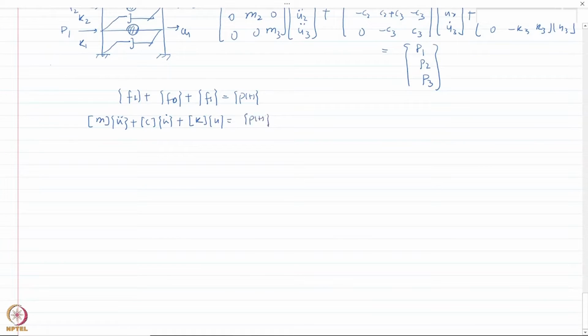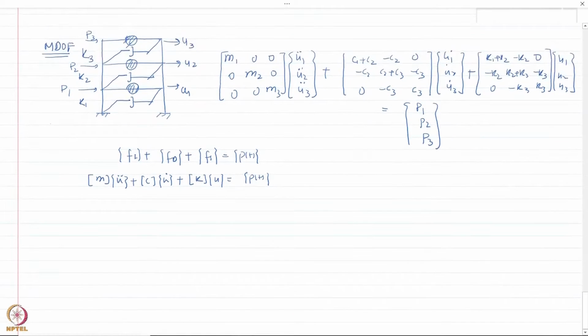So this is the general form of the equation of motion, and we also talked about that this equation of motion can be derived using two methods. In the first method, we can simply consider the free body diagram of the system that is shown here.